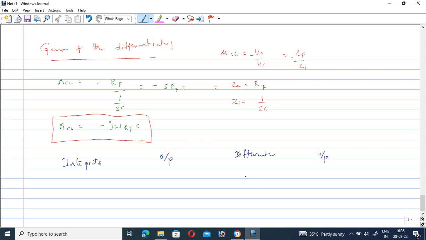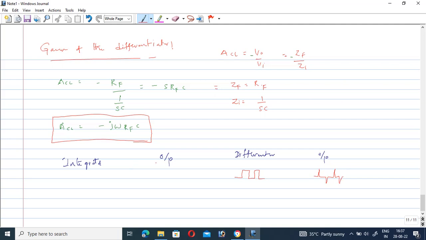In the case of the differentiator, if you apply a square wave, it produces an output in the form of spikes.